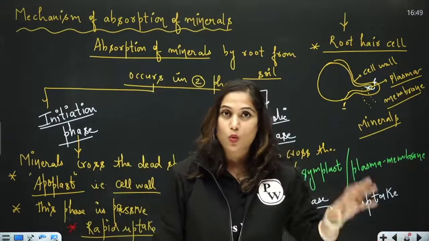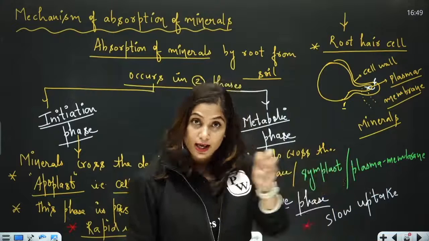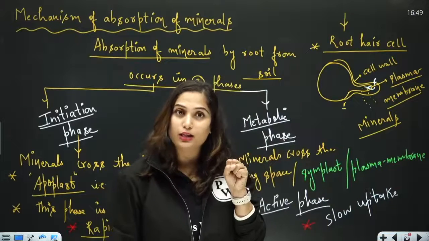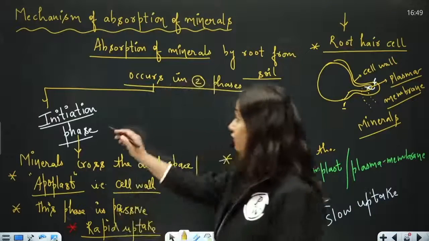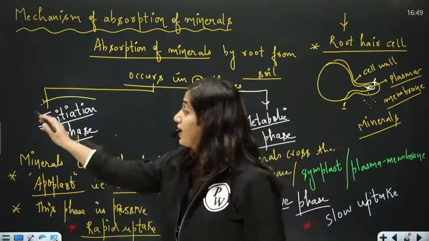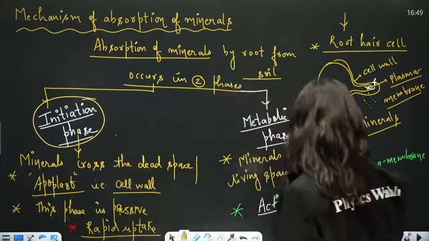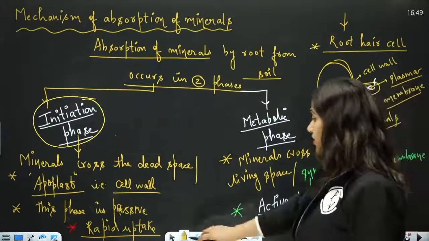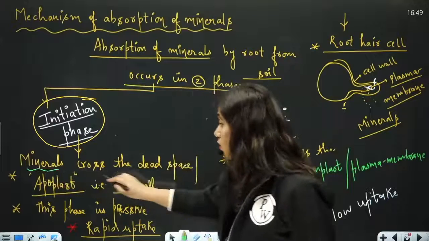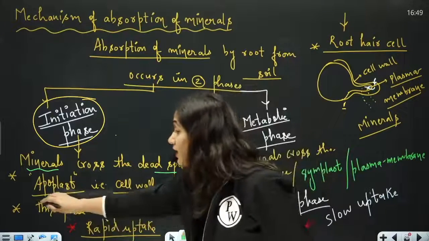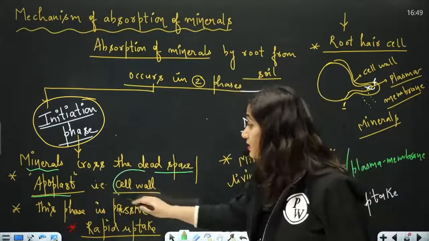So, when mineral elements are taken up from the soil by the root, it occurs in two phases. The first phase is called the initiation phase. What is the initiation phase? Minerals cross the dead space or the apoplast, that means the cell wall.